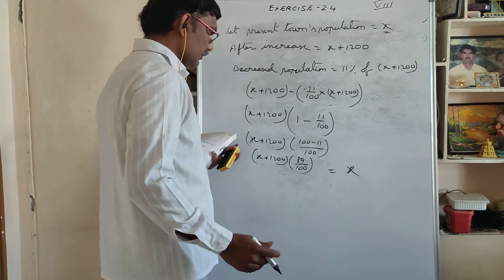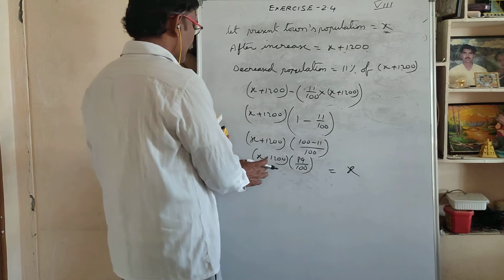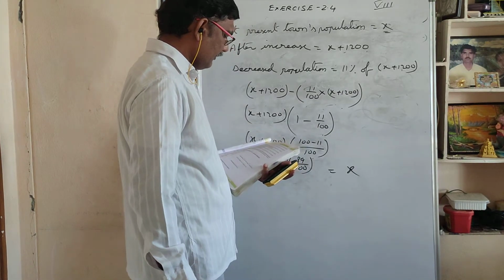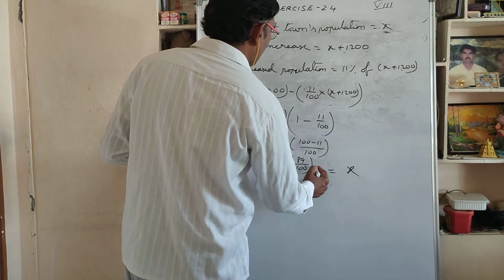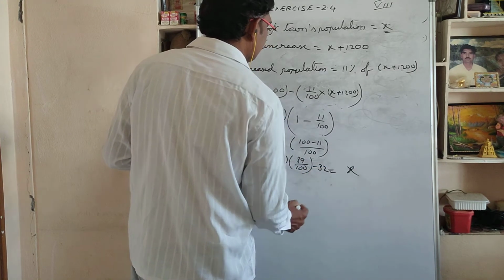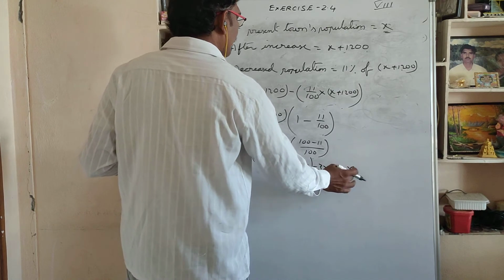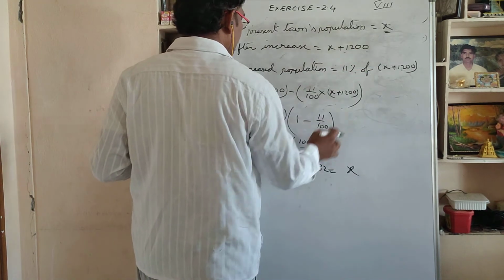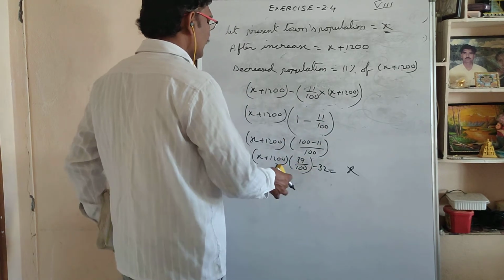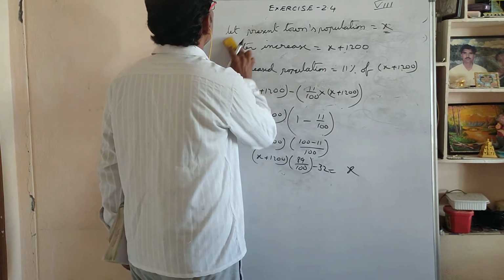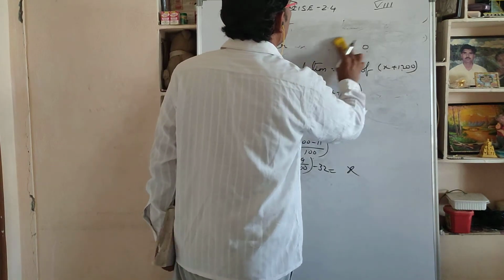Now this population has 32 fewer people, which means you should subtract 32 here. If you compare this population with this population, 32 people will be fewer. Now you have to solve for x here. Now we'll solve it.